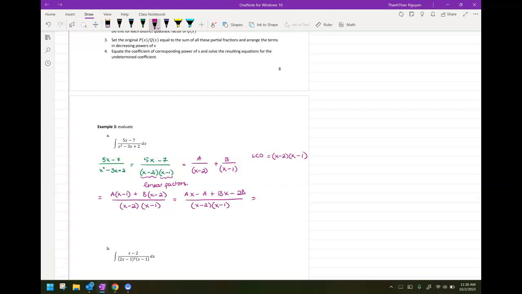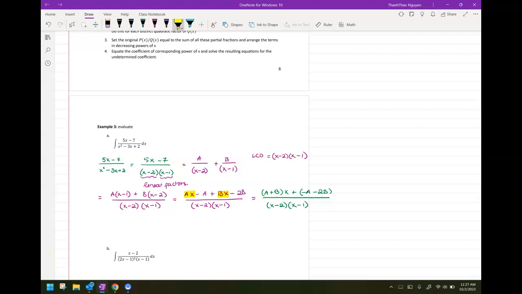We will group the terms with x together. So then I have a plus b times x plus negative a minus 2b, divided by x minus 2 times x minus 1.